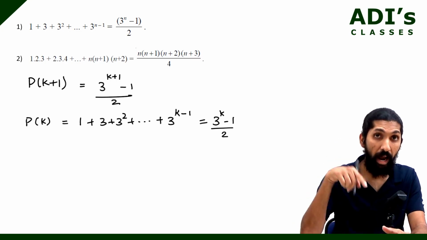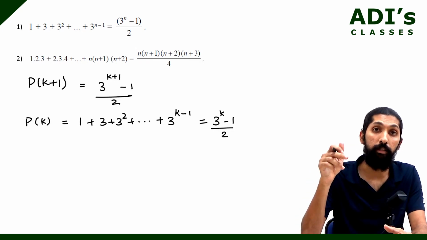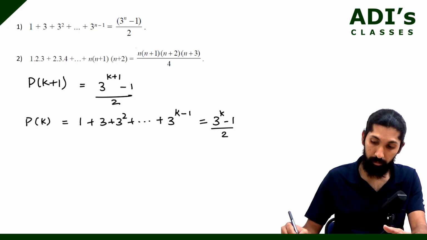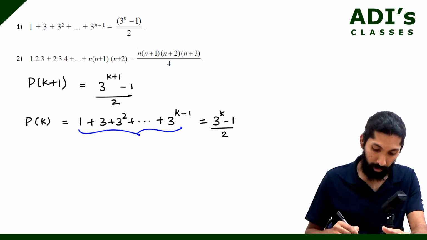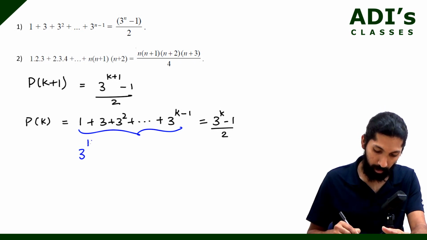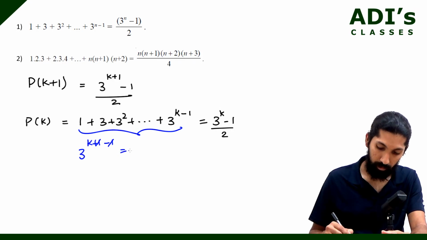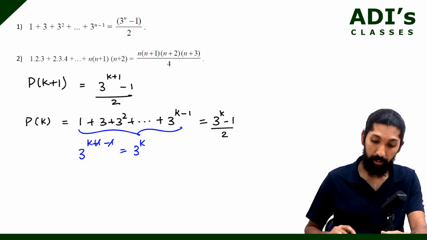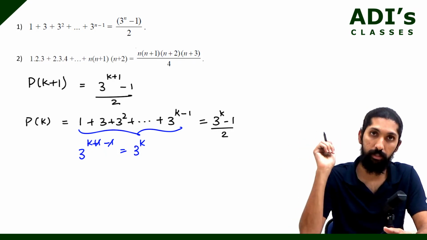So, you add the k plus 1 term. What do we add? 3 to the power of k plus 1 minus 1, isn't it? 1 and 1 cancel, 3 to the power of k. That means we are taking 3 power k and adding it on both sides.